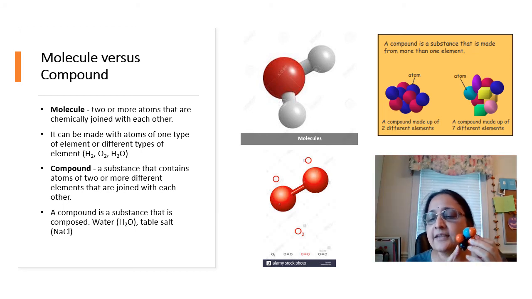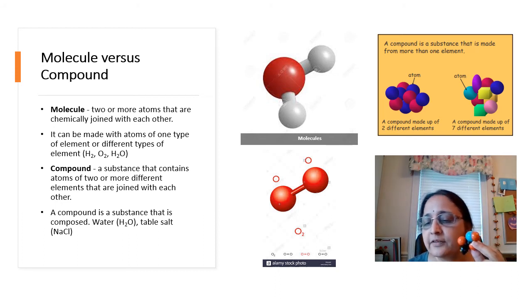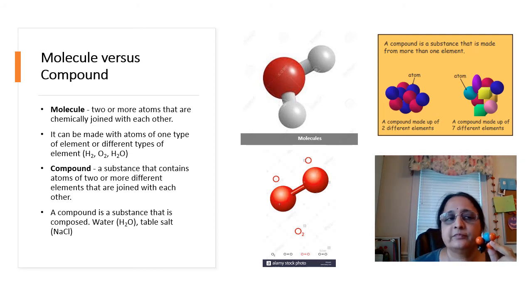Yes. But is it a compound? Yes. How? Because it is made with different atoms. More than two types are there. Orange is there, blue is there, black is there. So it is made of different kinds of atoms. Therefore, it is a compound and it is a molecule.